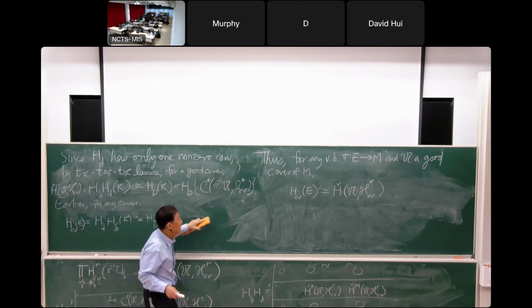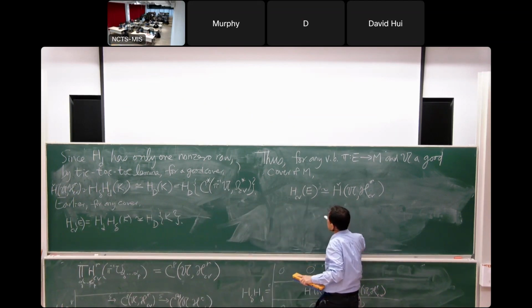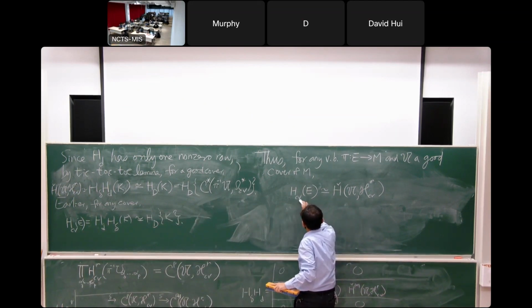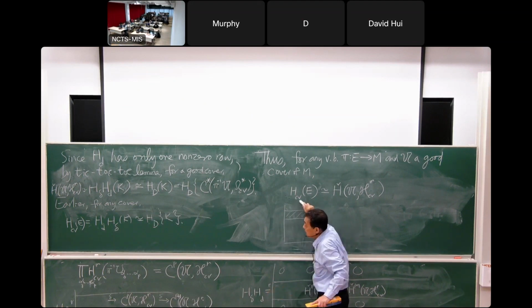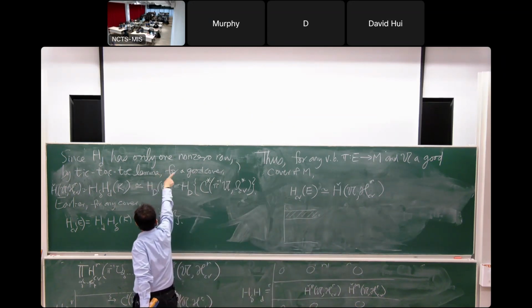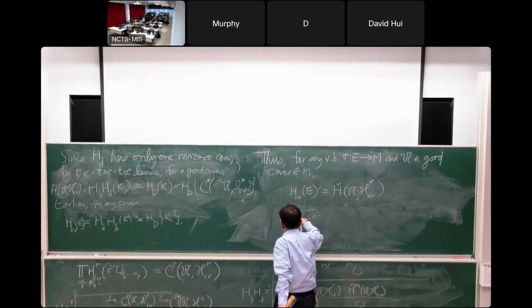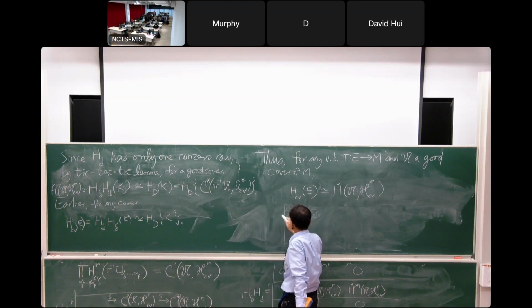I have this isomorphism, and this one. HD has one non-zero row. So this one comes from this picture.